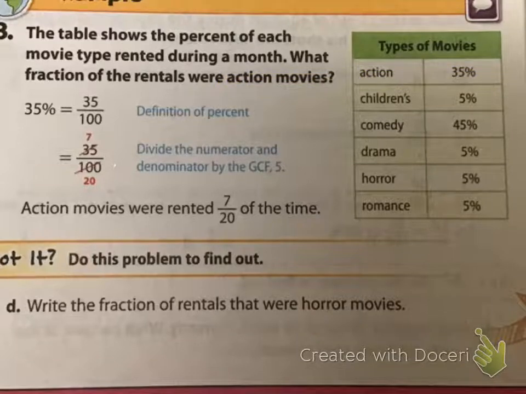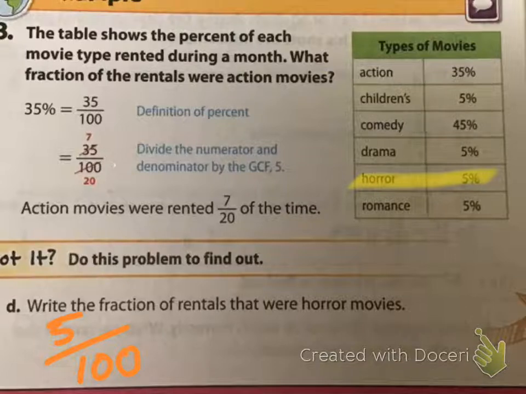So let's think about this next part. The question below says write the fraction of rentals that were horror movies. So Romina, what's my initial fraction for horror movies? Perfect, so our initial fraction is 5 over 100.